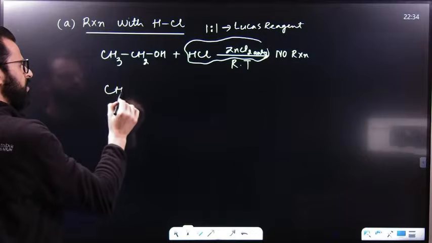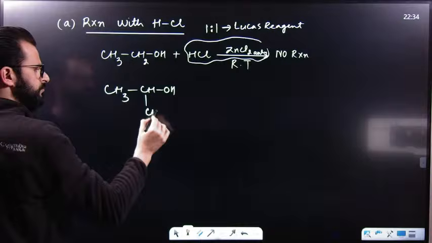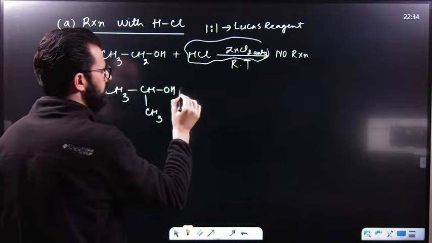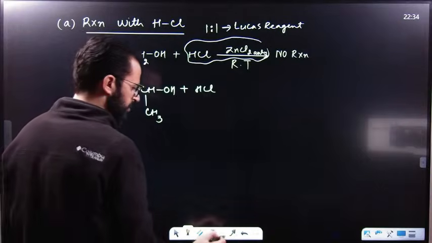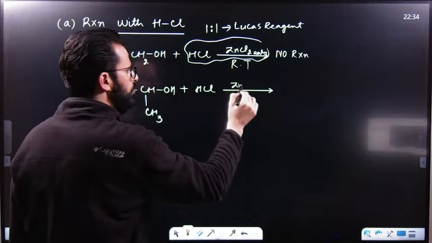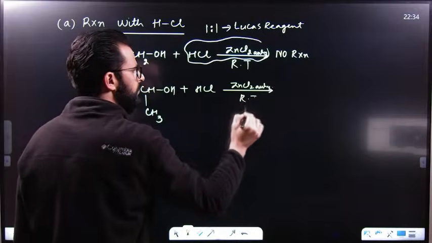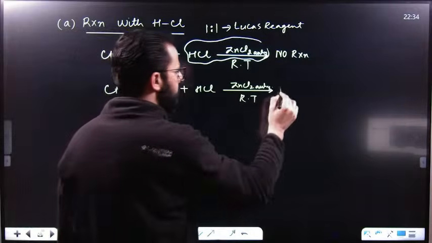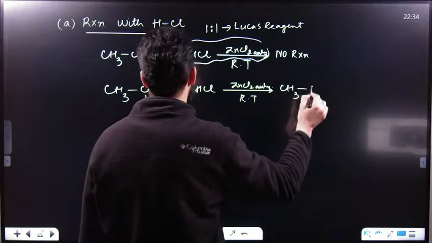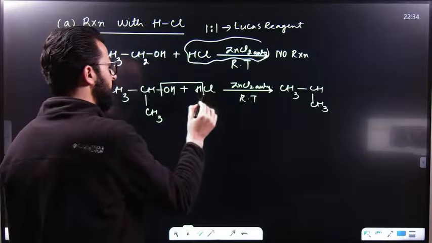Similarly, if I take secondary alcohol, and then I treat it with Lucas reagent at room temperature, zinc chloride anhydrous, what will happen? It will result in the formation of CH3. This OH will be replaced by Cl.